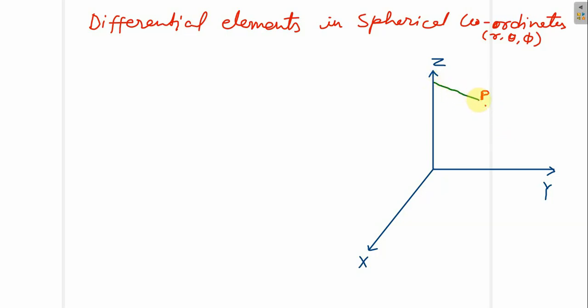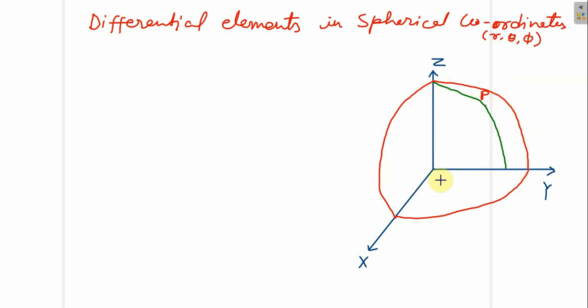So let us draw a surface. It's somewhat similar to what we had seen while we were studying the spherical coordinate system, right?